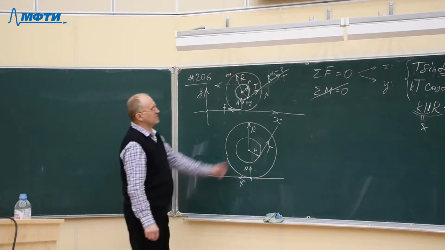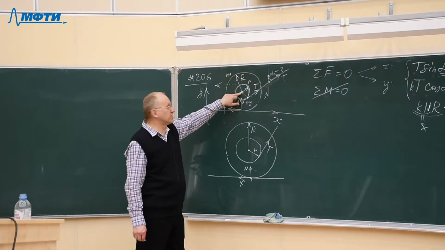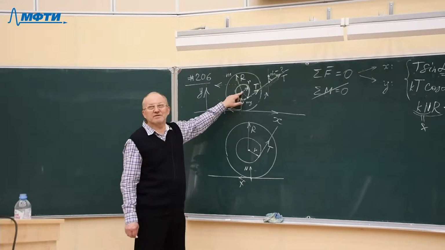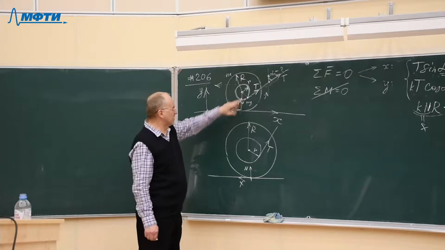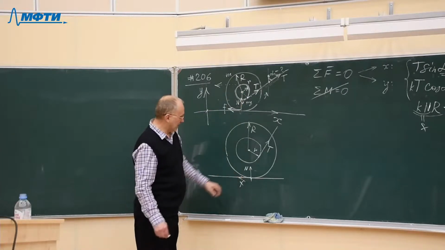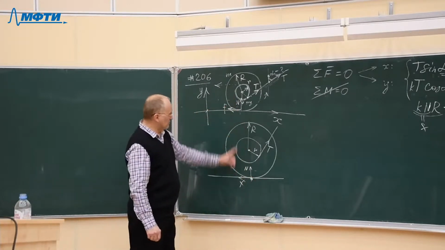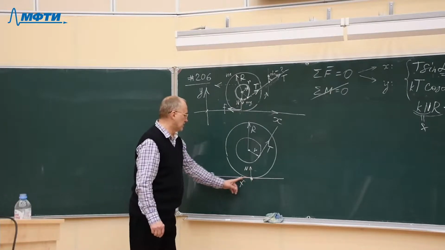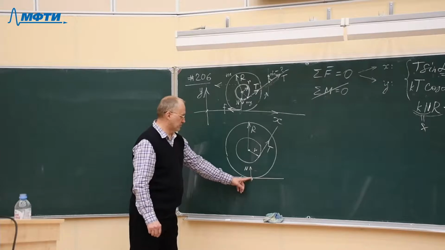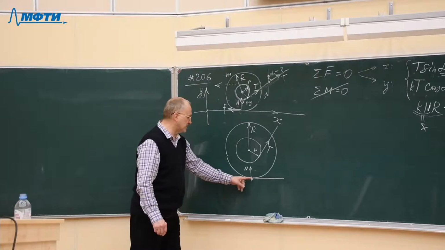I have considered in this problem the center of mass as the center of rotation, as the axis of rotation. It would have been much easier if we considered the axis of rotation going through this point. It's better to use this point as the axis of rotation because there are two forces going through this point and having zero arms.